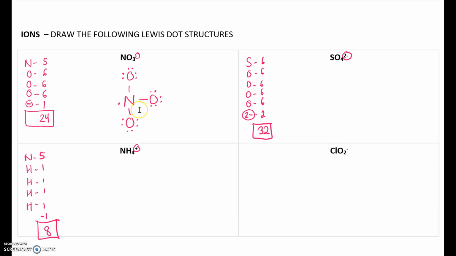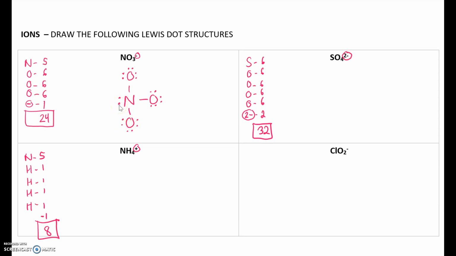So it's going to need 2 more to satisfy the octet rule. So now I know the octet rule is satisfied for each element, right? This oxygen has 8, this oxygen has 8, this oxygen has 8, and this nitrogen has 8 surrounding it. And now I'll just count up the valence electrons. 2, 4, 6, 8, 10, 12, 14, 16, 18, 20, 22, 24, and 26.